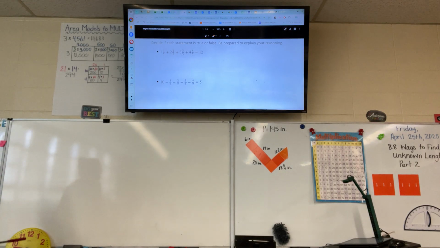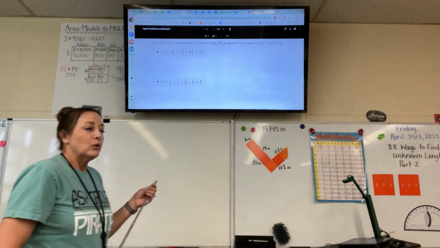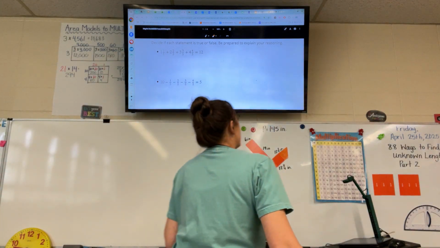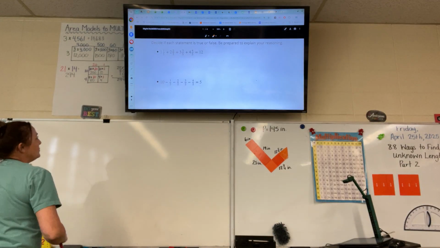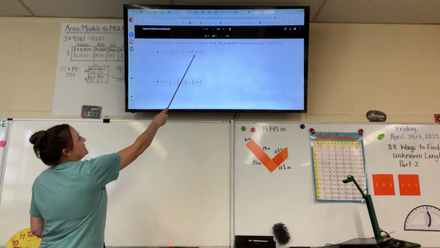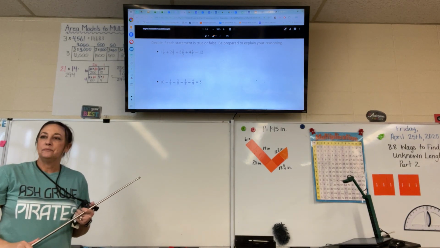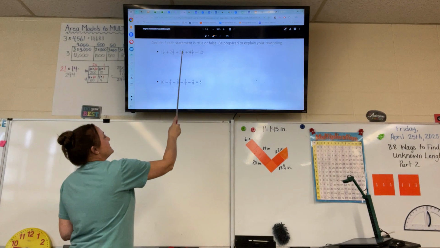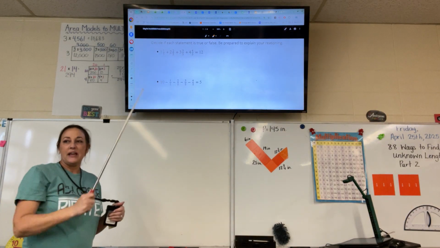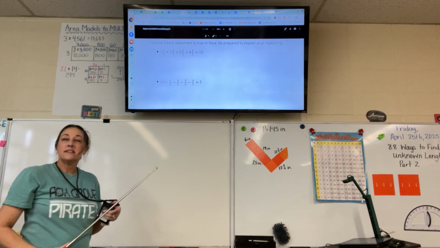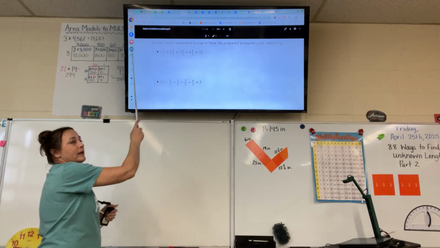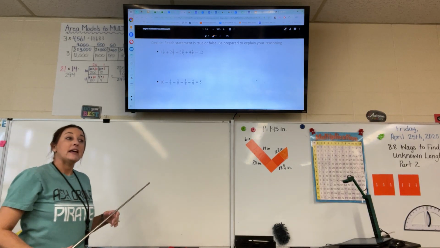So since these have a lot of fractions, we're going to start by adding the fraction parts. So what is 4/5 plus 3/5? Shout it out. 7/5. And 7/5 plus 2/5? 9/5. And 9/5 plus 1/5? 10/5.